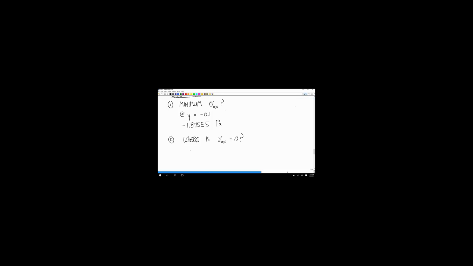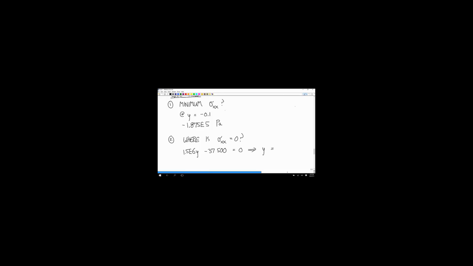So we're going to take that whole formula, 1.5 times 10 to the 6 y minus 37,500 is equal to 0.